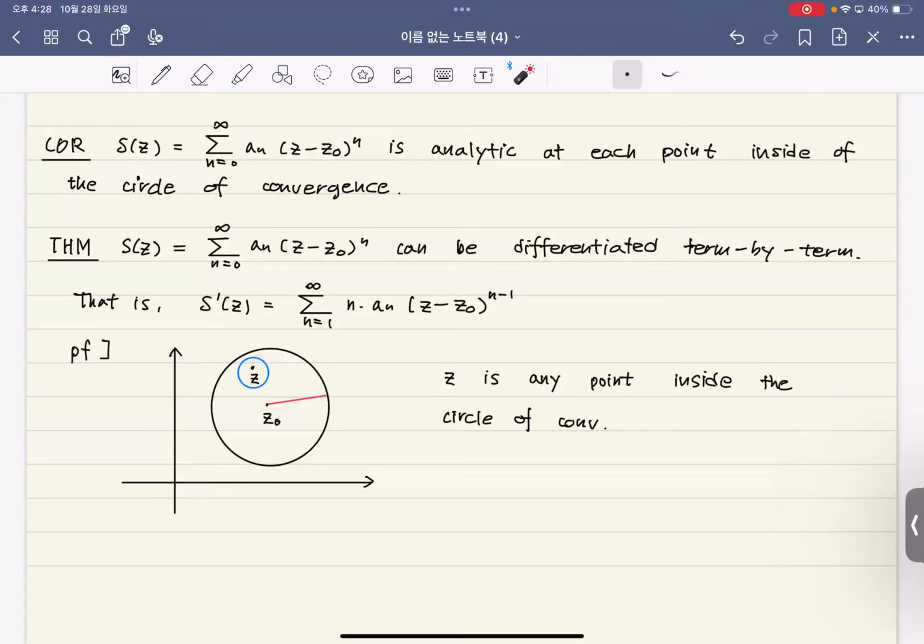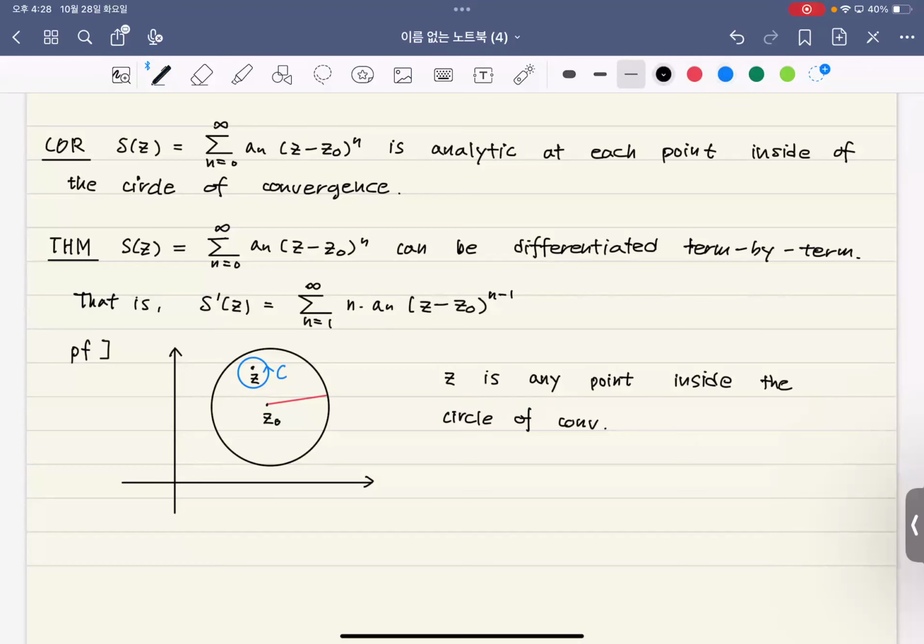I require that this curve be oriented counterclockwise and lie completely inside the circle of convergence. I'm going to call this curve C.